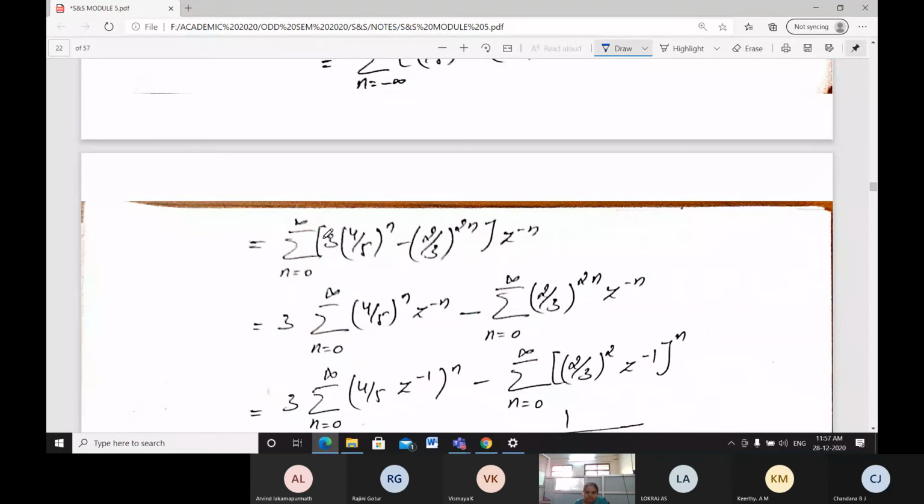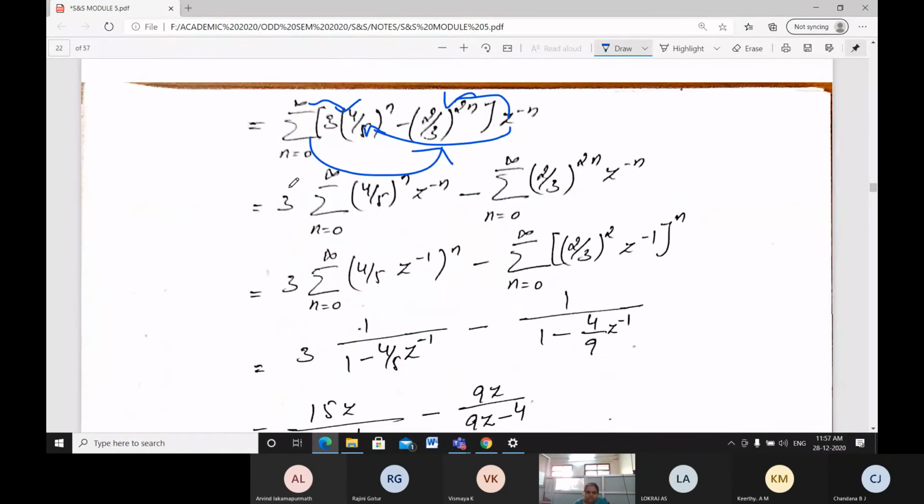Then 3 into 4 by 5 power n minus 2 by 3 power 2n, into z raised to minus n. For both the terms you have to multiply by z raised to minus n and take the summation. Then you will get the equation as 3 into summation n varying from 0 to infinity of 4 by 5 power n z raised to minus n, minus summation n varying from 0 to infinity of 2 by 3 power 2n z raised to minus n.